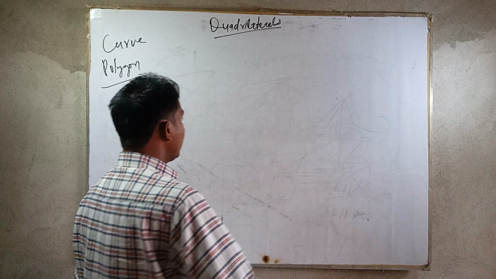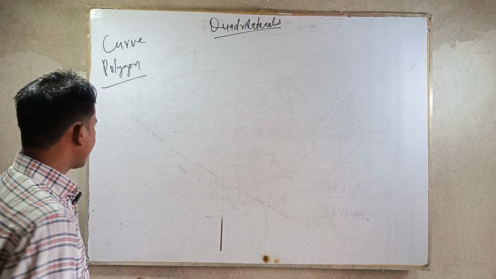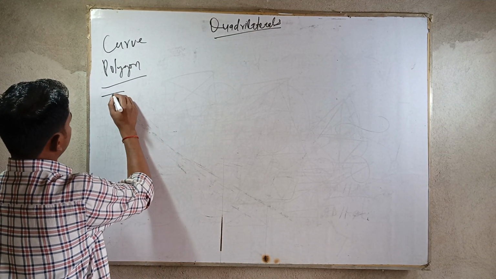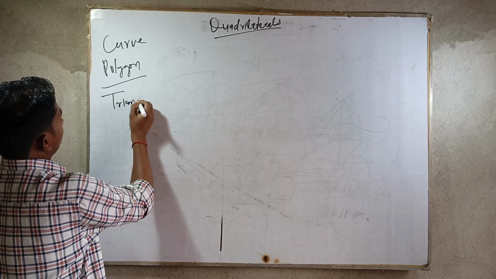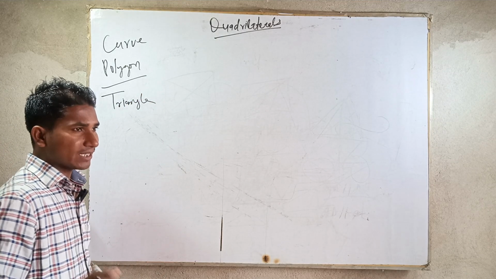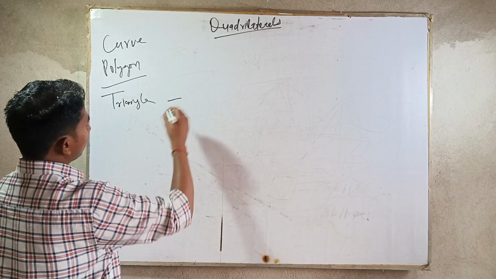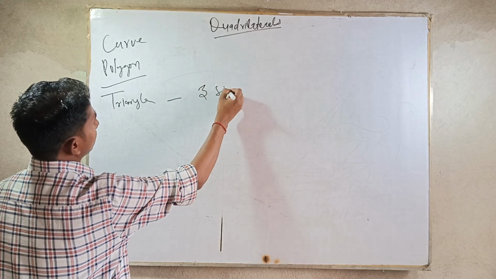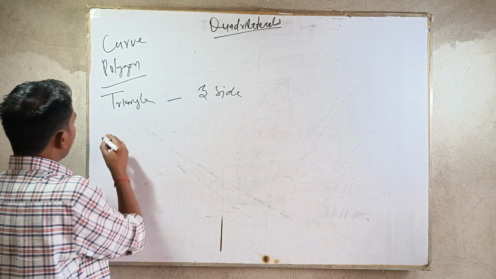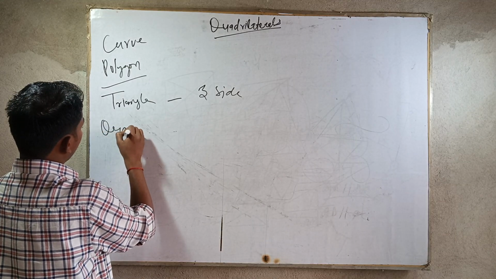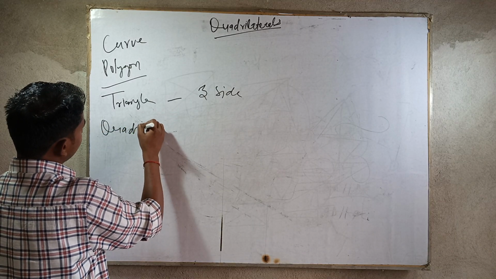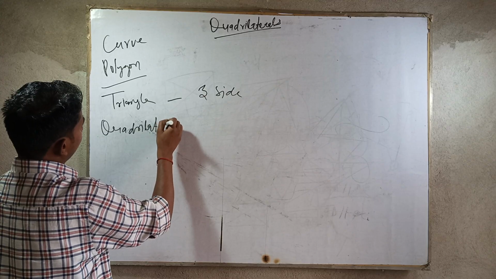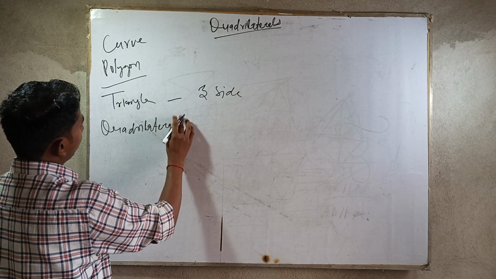Classification of polygons. First is the triangle. A triangle has three sides. Next is the quadrilateral.